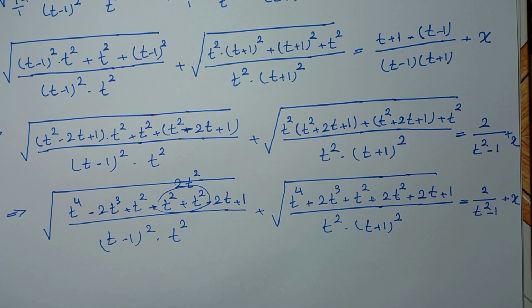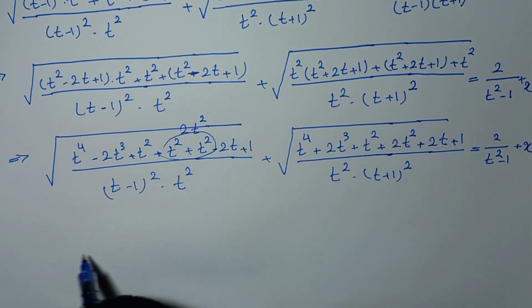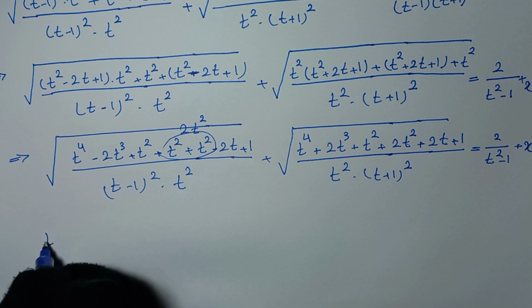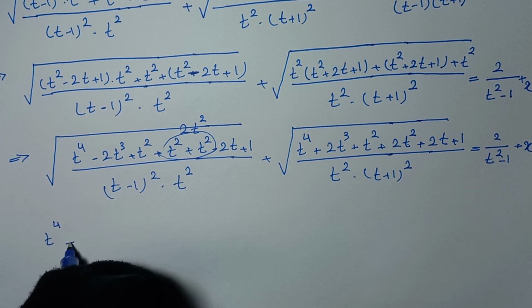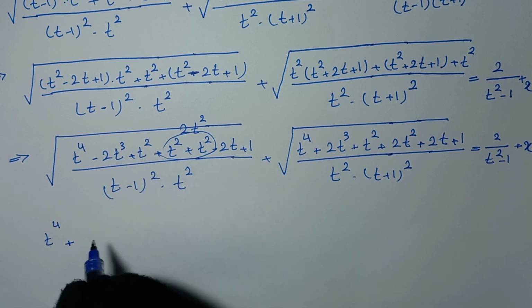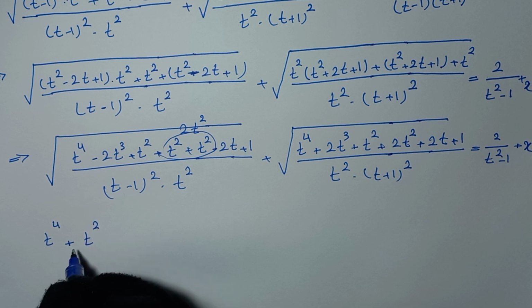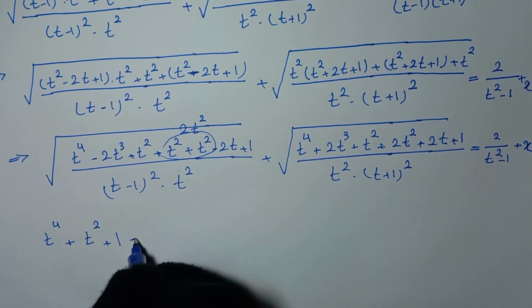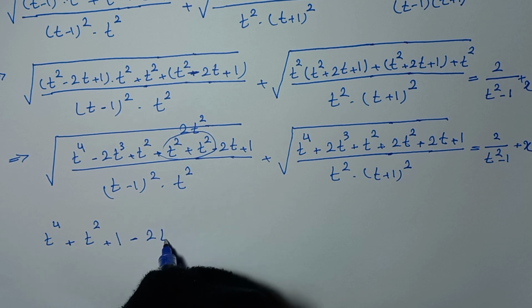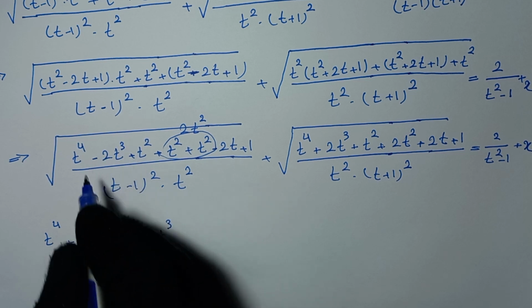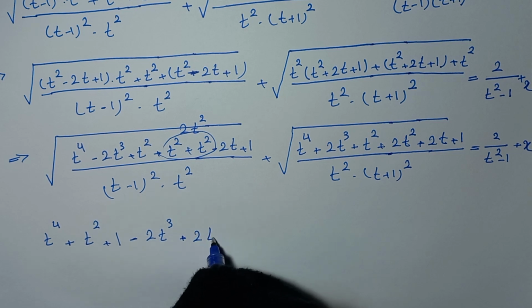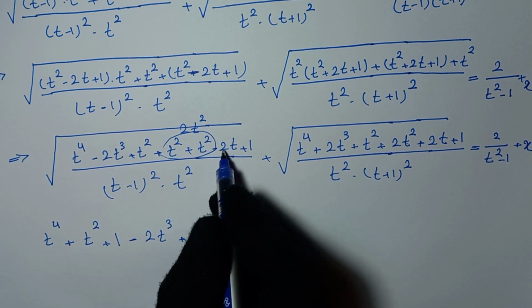So in here, we write this numerator, it will be t to the power of 4 plus this t squared plus this 1 and minus 2t cubed, this, and plus 2t squared and negative 2t.